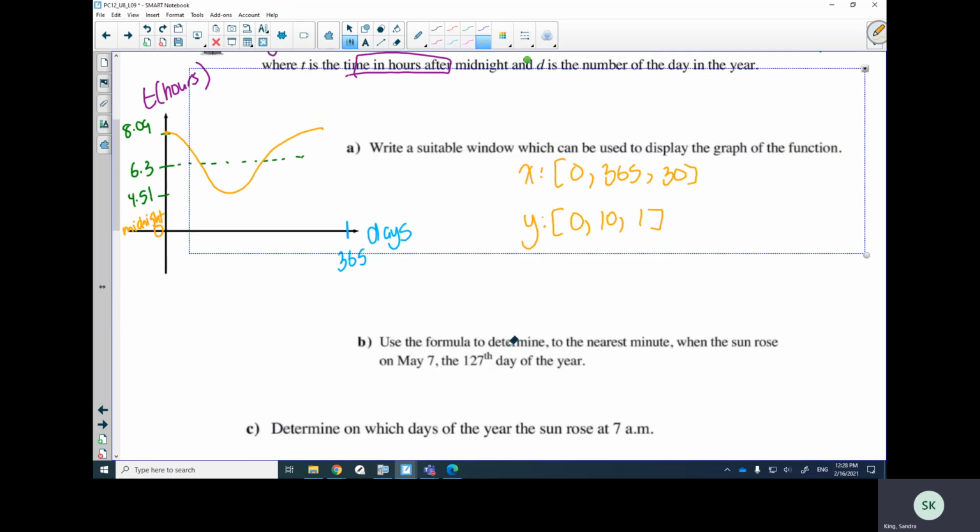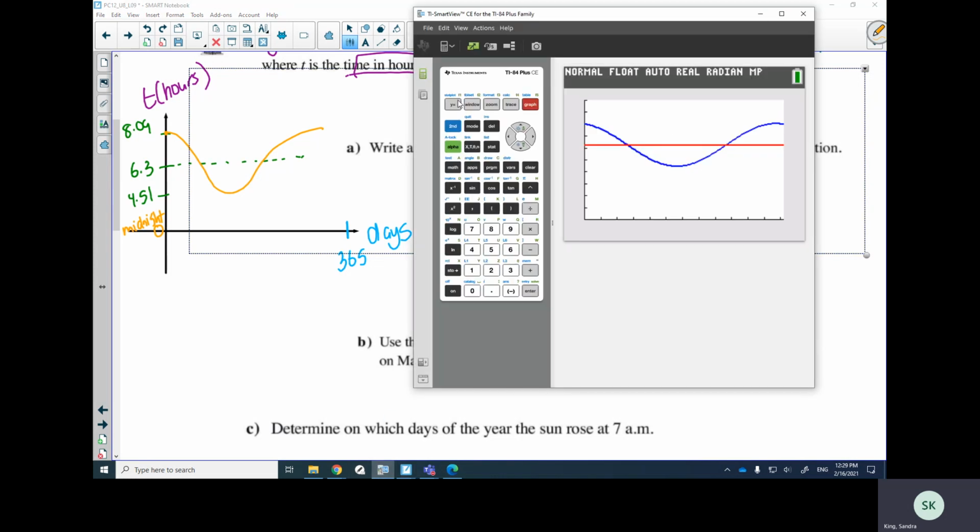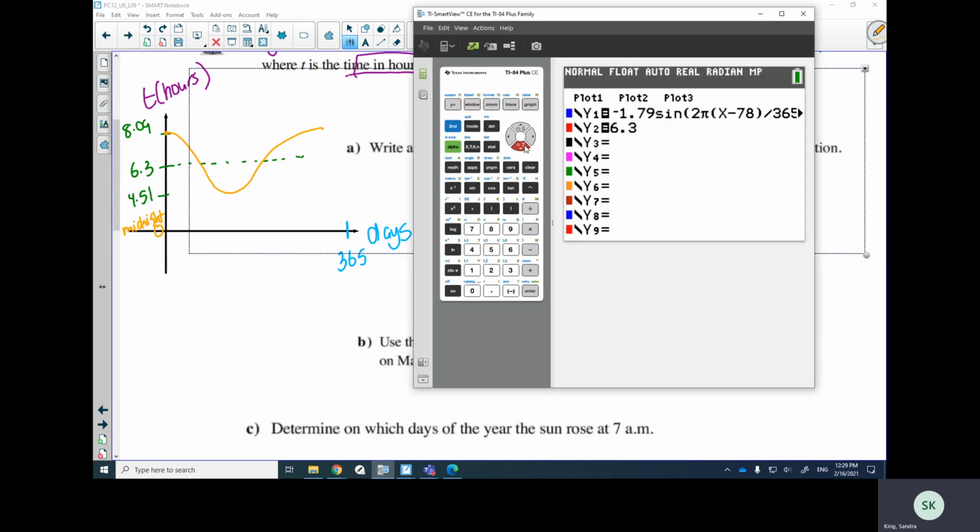Use the formula to determine to the nearest minute when the sun rose on the 127th day of the year. This is the first day of the year. I got to figure out where the 127th day of the year is. I'm going to get rid of this guy. I just don't want that in right now.